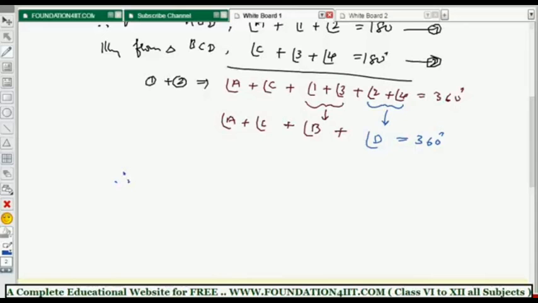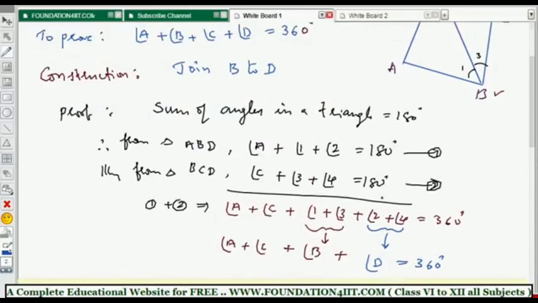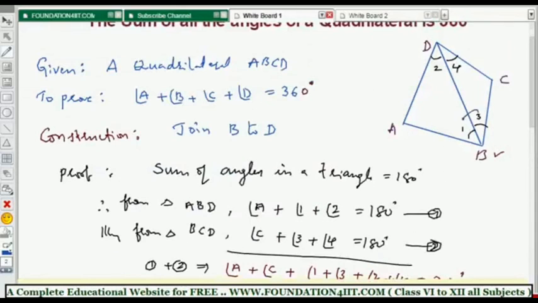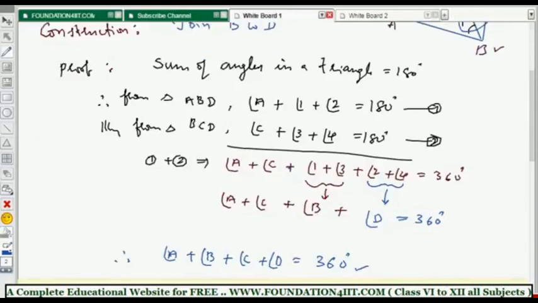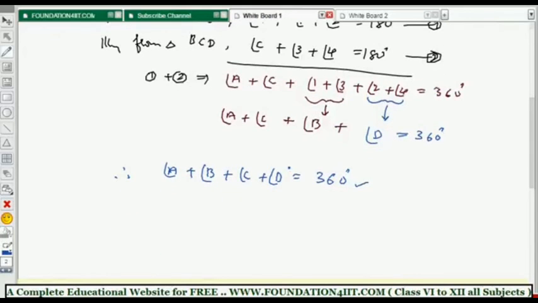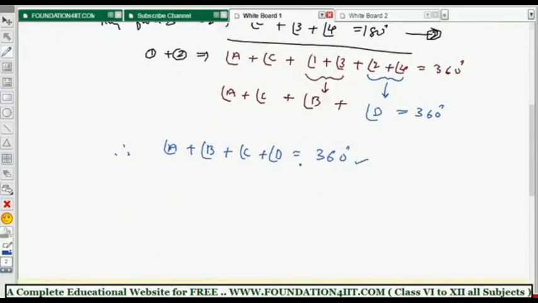Therefore we can write angle A plus B plus C plus D equals 360 degrees. The sum of the four angles in a quadrilateral is 360 degrees, right? So 1 plus 3 is B, and 2 plus 4 is D. We take separate triangles just to add the two equations, and we get that the sum of the four angles of a quadrilateral is 360 degrees.